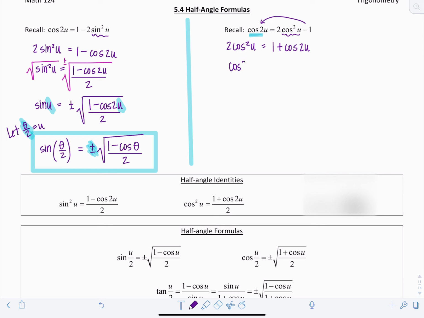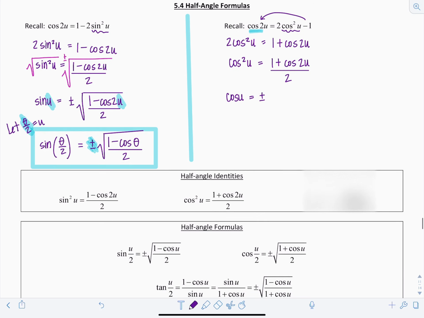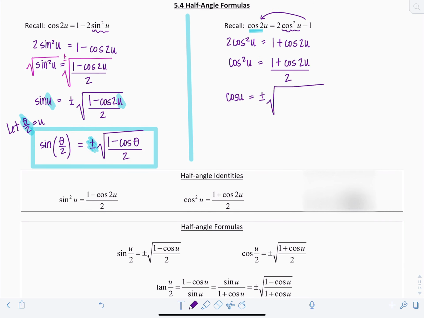So we'll have cosine squared u equals 1 plus cosine 2u over 2. So cosine of u equals plus or minus the square root of 1 plus cosine 2u divided by 2.